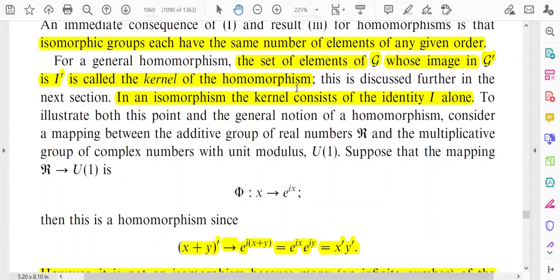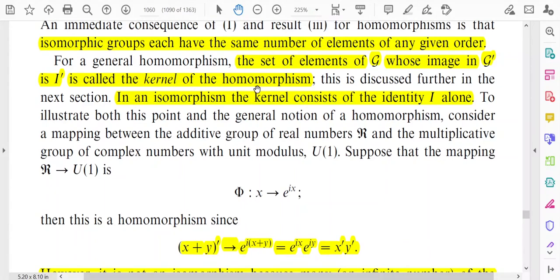As per the definition of homomorphism, we know that there may be a set of elements whose image is the same. So, we consider a set of elements of G whose image is I prime in the group G prime. That set of elements is known as the kernel of the homomorphism.